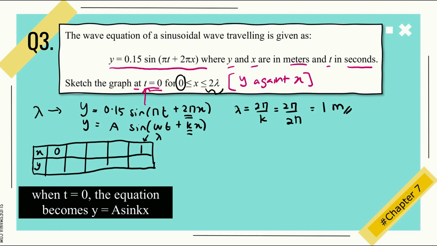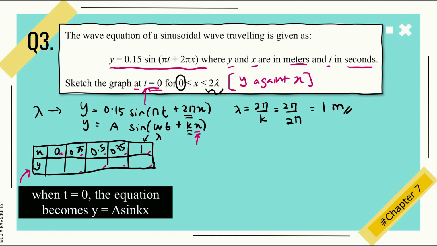Half of the wavelength is 0.5, here is 0.25, and here is 0.75. What we do is substitute the value of x with 0 and get the value of y. Then we repeat the same thing, substituting the value of x, and see what happens to y, until one wavelength.